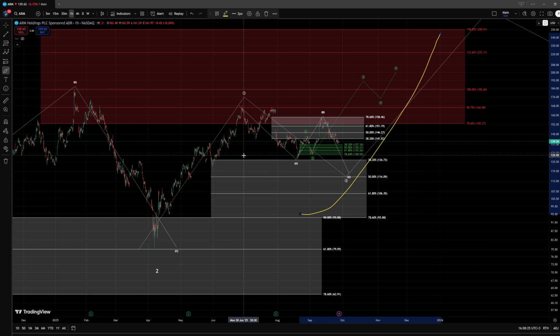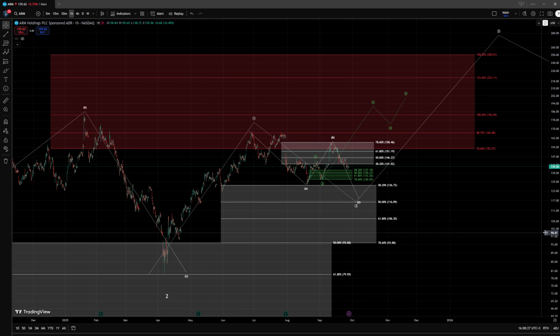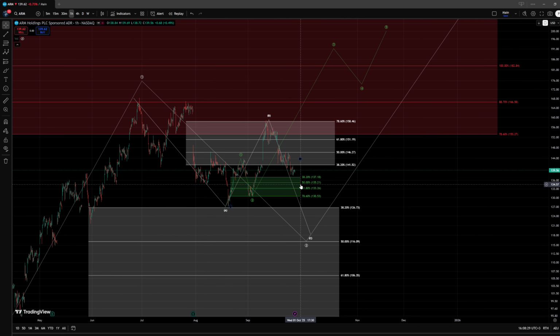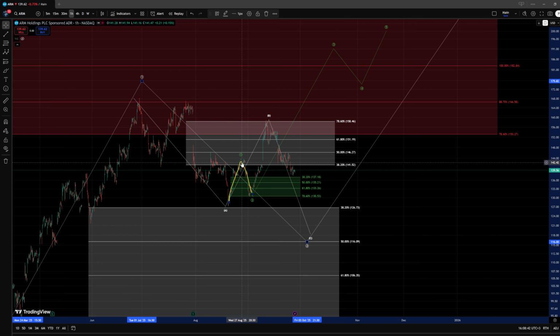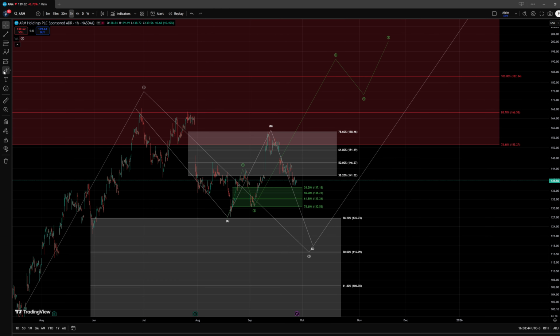where we could be looking for a larger third wave to the upside. Now in the shorter time frame, in the previous video I provided you this idea of a 1-2 setup where we were at the very bottom of this possible interpretation, where we could have an early bottom within the wave 2, and then we could be looking for the next 5-wave move to the upside, and it did deliver.